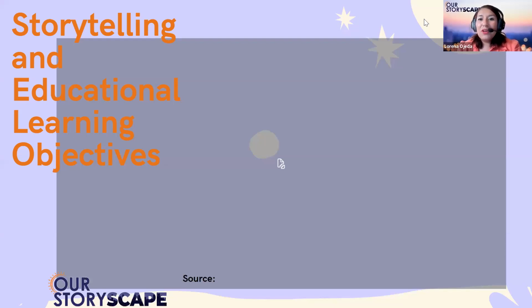So what happens with storytelling and educational learning objectives? Well, we have different ways in which we can incorporate the discussion. But basically, by having your students analyze different parts of the story, they can first work on the meaning, and then incorporate the new expressions, tell their own versions of the story, evaluate and assess what part of the story they can change or modify.